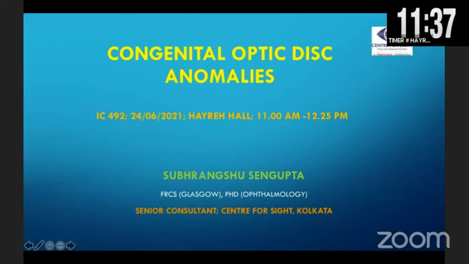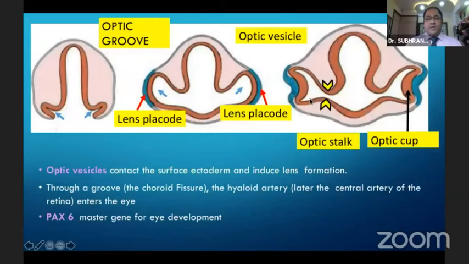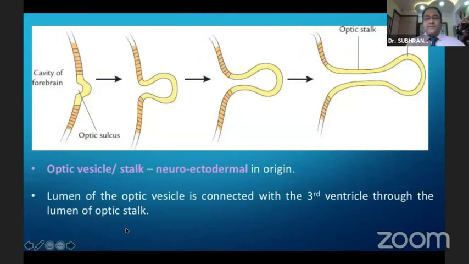So now let's touch upon the development of the eye, which starts at day 22 from an outpouching of the diencephalon. We should remember that PAX6 is the master gene for the development of the eye.